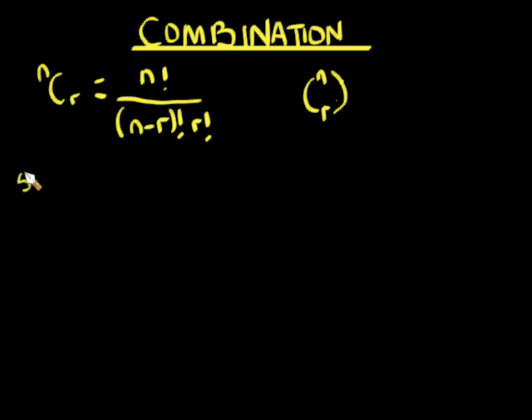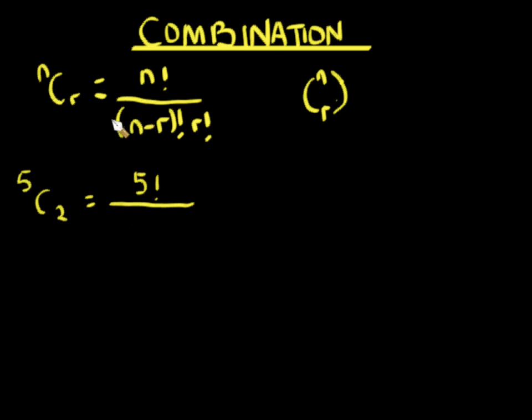5 combination 2. If we compare our question right here with the formula, you would understand that 5 represents n and 2 represents r. So wherever we see n, we can slot in 5, and wherever we see r, we can plug in 2. So this gives us 5 factorial, because the formula says n factorial.